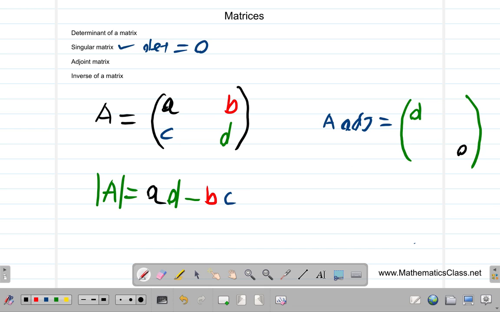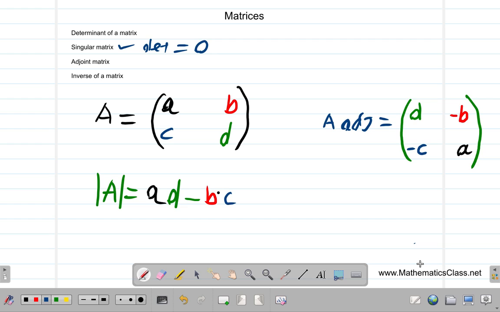A will go to where D was. That's it for that part. Remember, as I said before, you interchange the leading diagonal elements. Then you multiply the elements in the non-leading diagonals by -1. So they don't move. B remains where it is, but it's now a negative. C remains where it is, but it's now negative. Alright? That is the adjoint of the matrix.